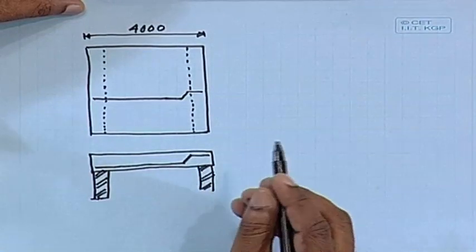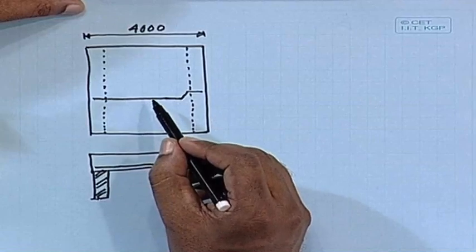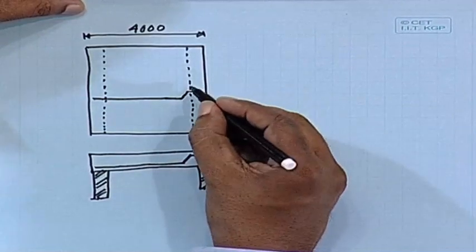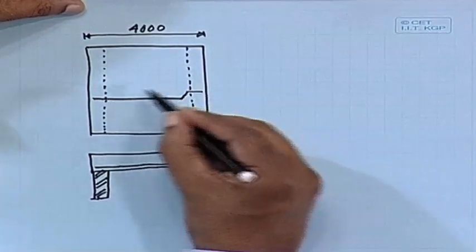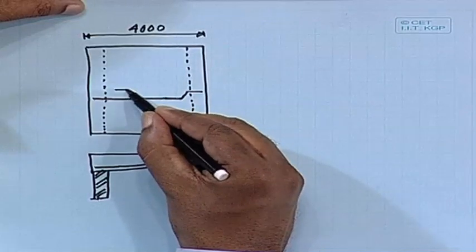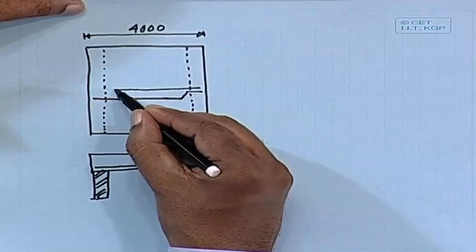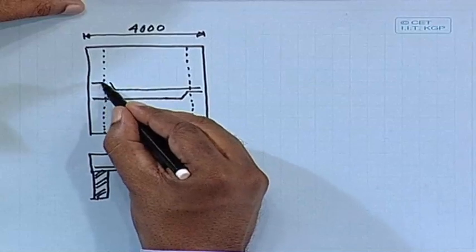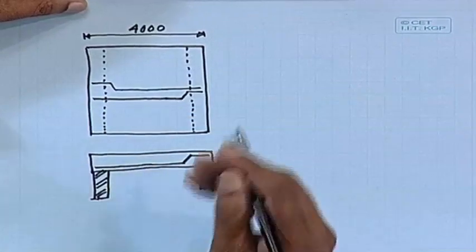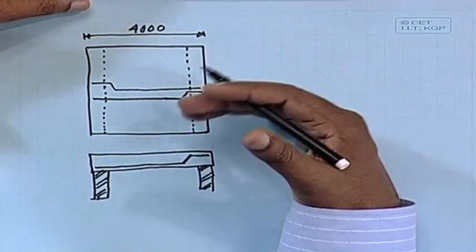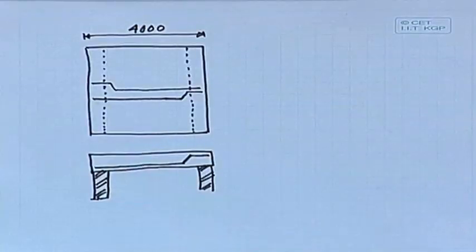The other one, what we shall do, this is one reinforcement. Similarly, the other one, I can start, go up, and this one, that means alternate. So, your reinforcement will be same, the bars will be same, only one will be placed this side, another one will be placed on the other side.